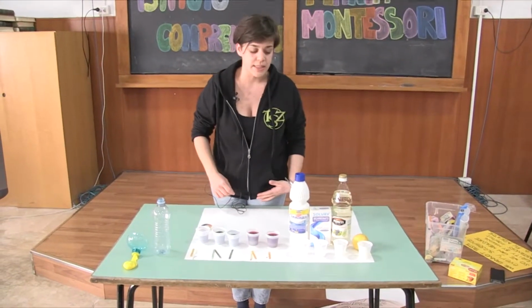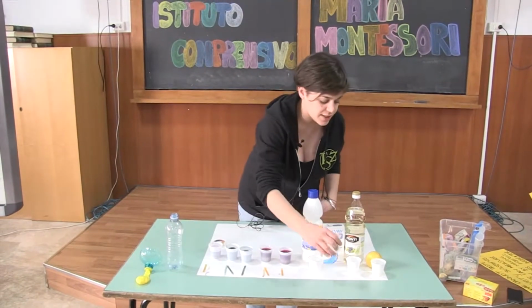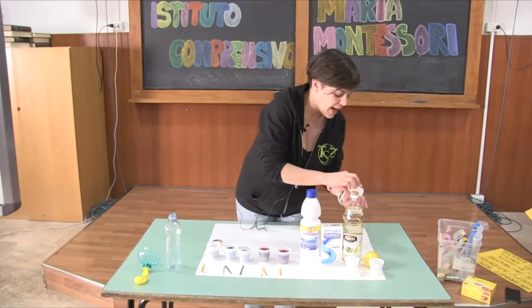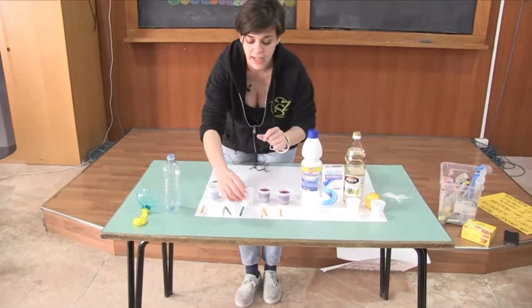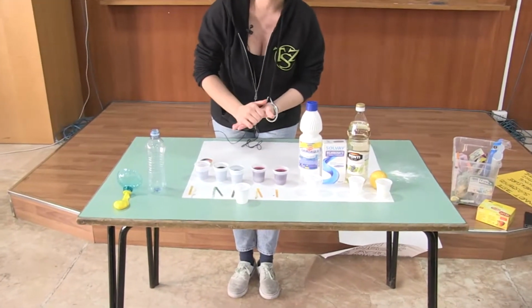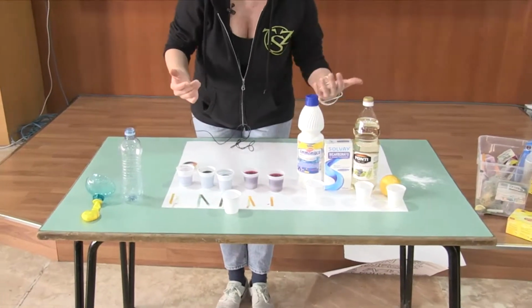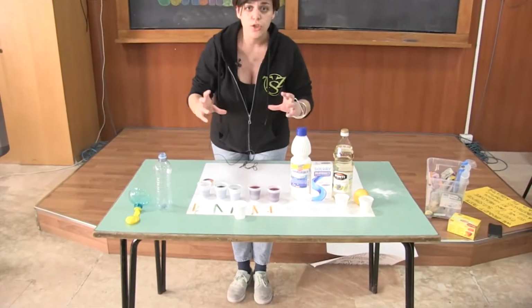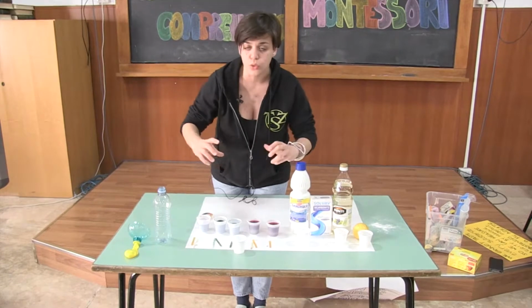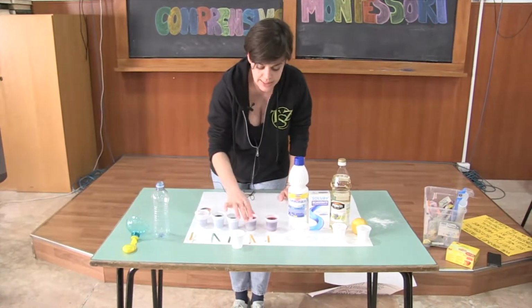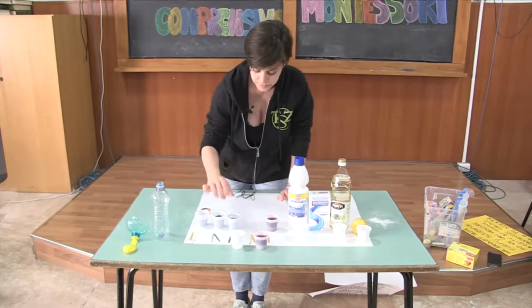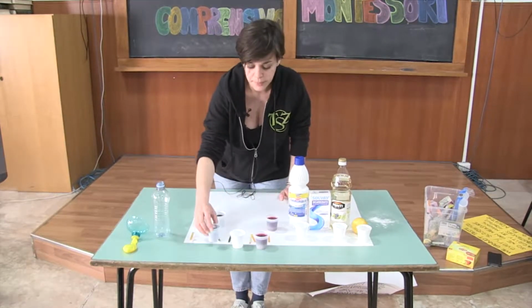starting from our substances? So, I'll just take this bicarb glass, I will empty it, and I will try to do it by mixing acid and basic solutions, to try to neutralize the environment. So I'll take as an example the vinegar and the bicarb.